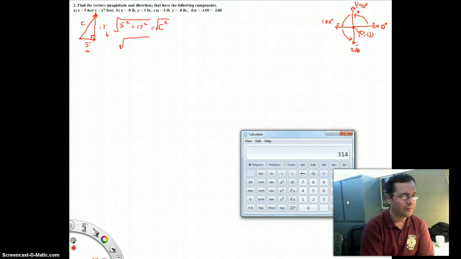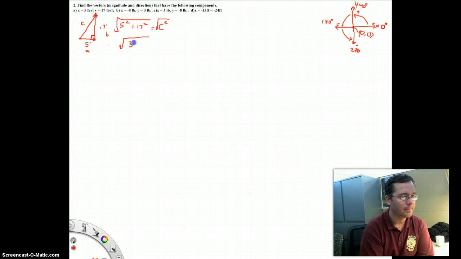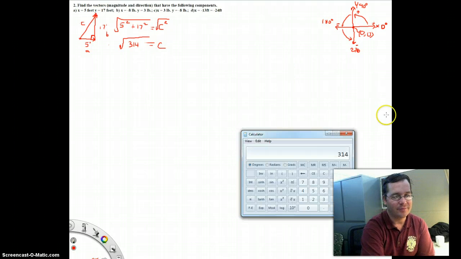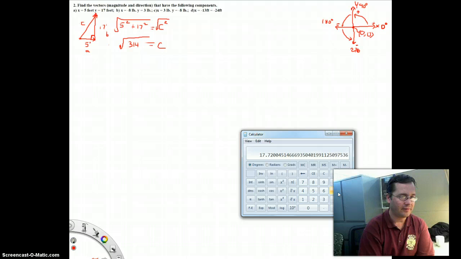So the square root of 314 equals c. Now, 314 is not an easy number to take the square root of, so we'll use the calculator. And again, on this calculator, the easiest way to do that is to raise it to the 1/2 power. And we find that the length c is about 17 3/4 feet.